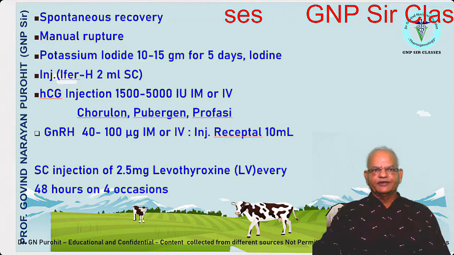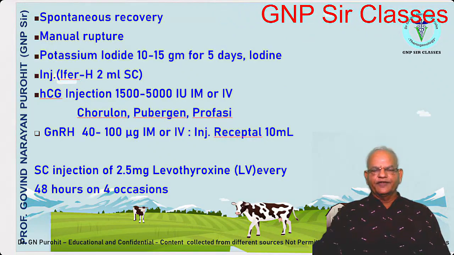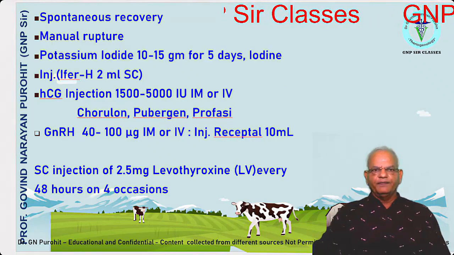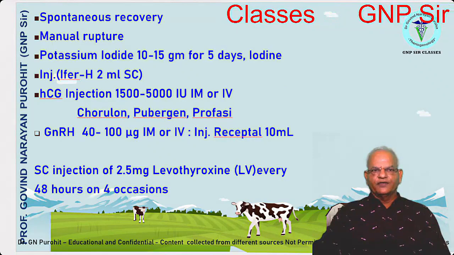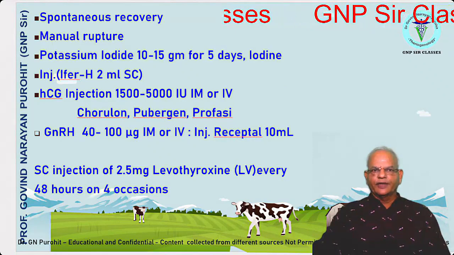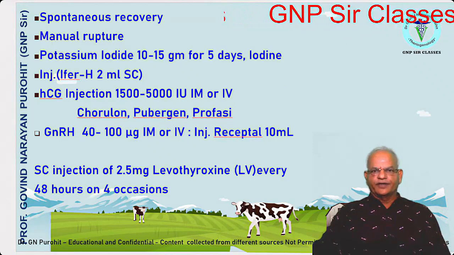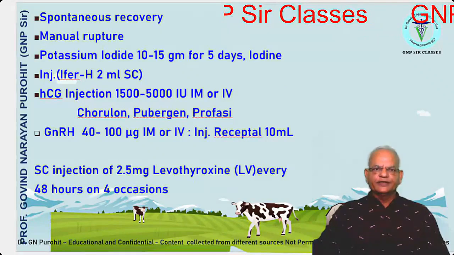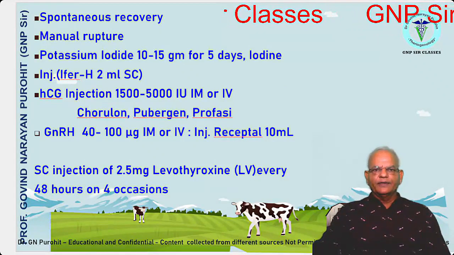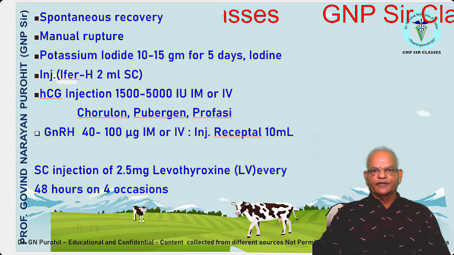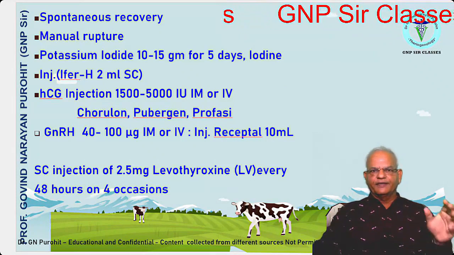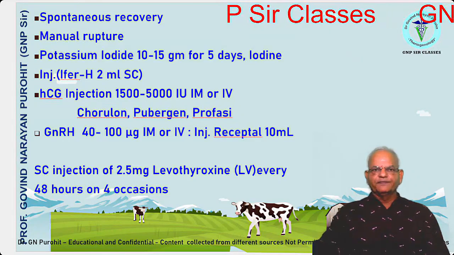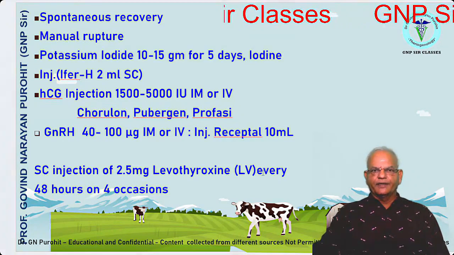Then administration of a human chorionic gonadotropin injection, 1500 to 5000 international units, IM or IV, and then administration of GnRH 40 to 100 microgram intramuscular, for example, Receptal injection, and then subcutaneous injection of 2.5 milligram levothyroxine every 48 hours on 4 occasions. Say if the animal is having thyroid hypofunction, then administration of levothyroxine can help and the animal may recover.